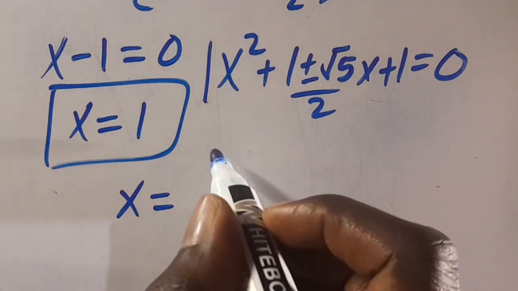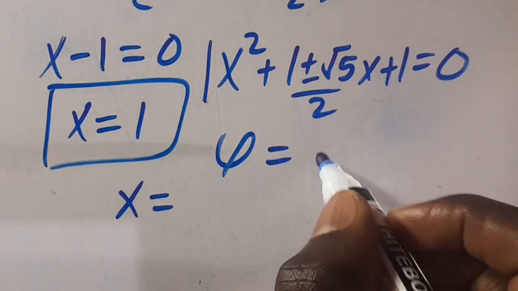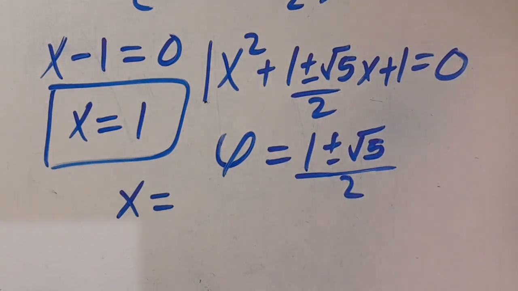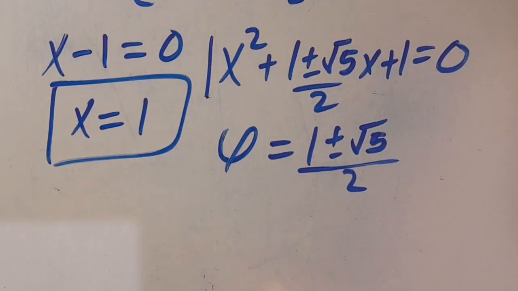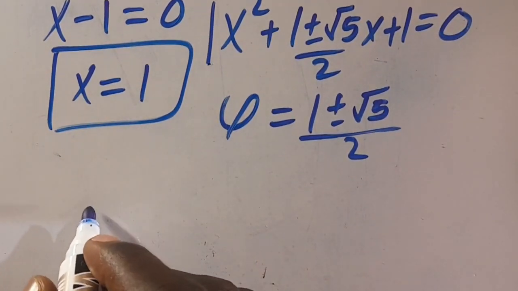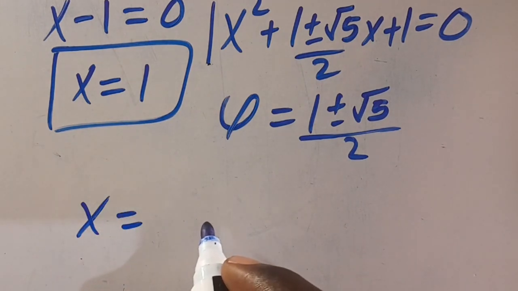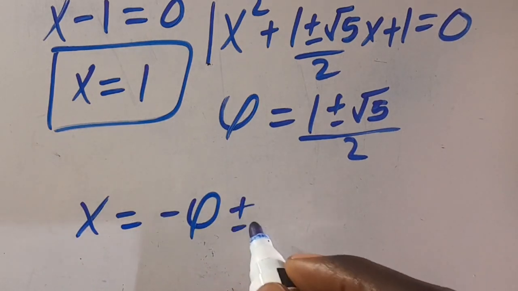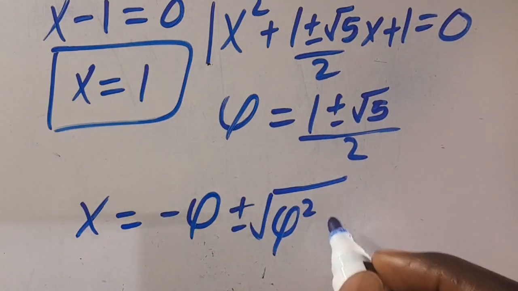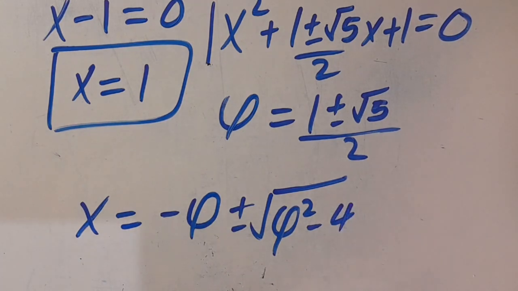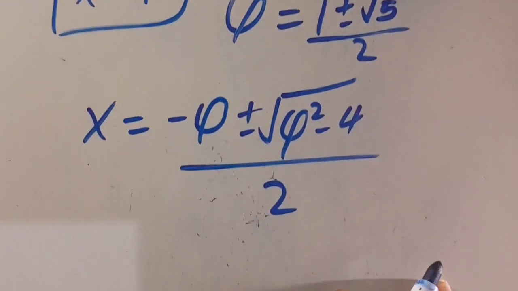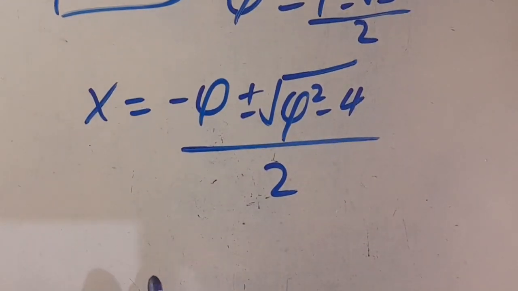But let's call the golden ratio phi to be equals 1 plus or minus root 5 divided by 2. So we are going to have x to be equals minus phi plus or minus root of 5 squared minus 4 divided by 2. And again, we have this to be the solution.